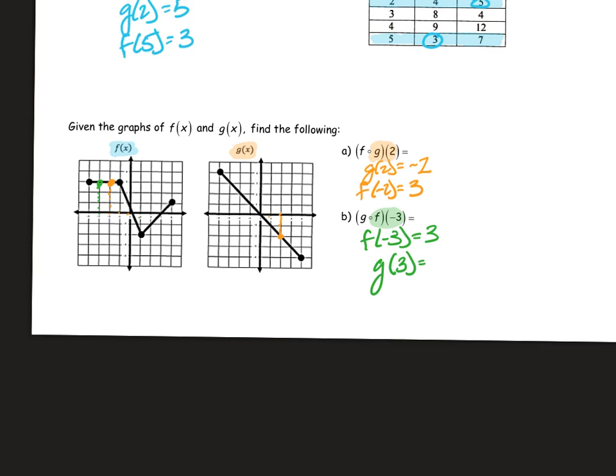Wrong graph. I'm going on my g graph to 1, 2, 3. And my point is at negative 3. Okay, so make sure you go to the right graph. I needed to go to my g graph, and I went to the wrong graph the first time. It happens. Just make sure you double check, okay?